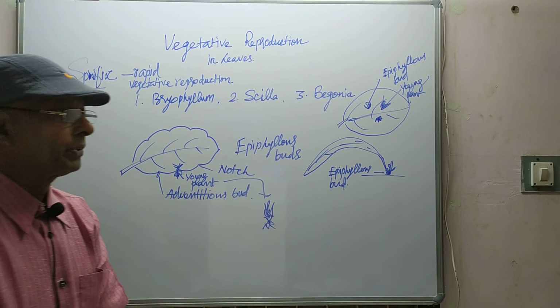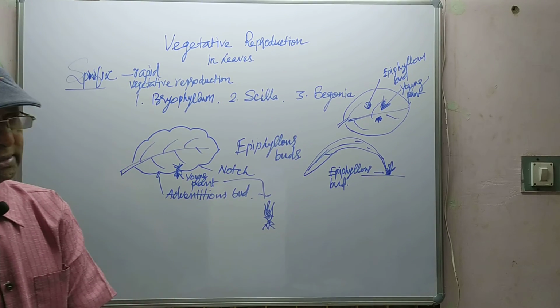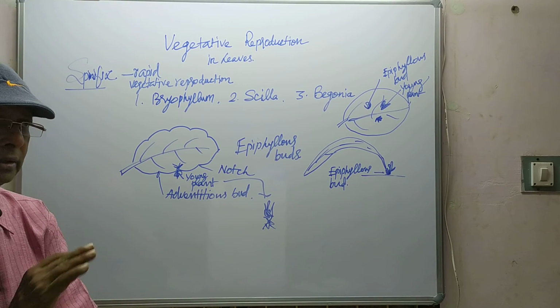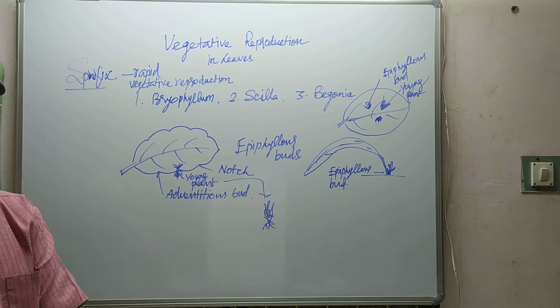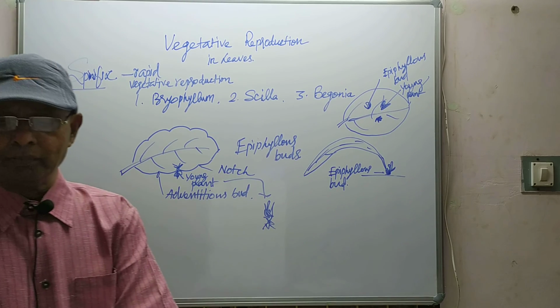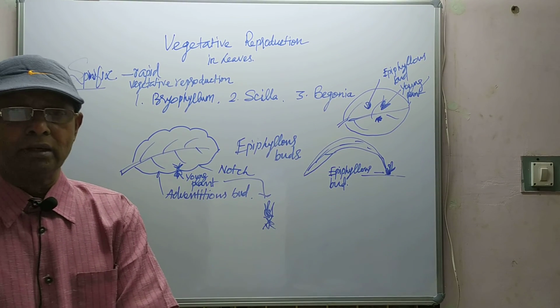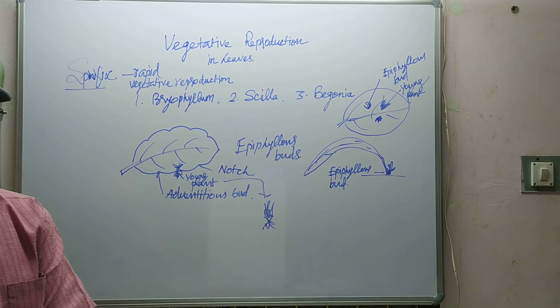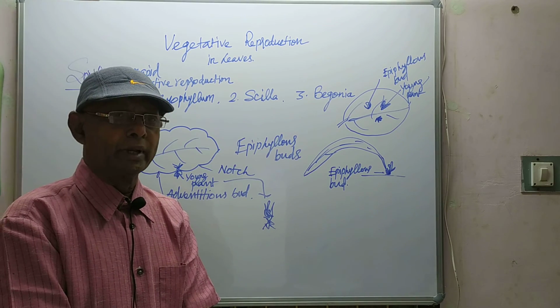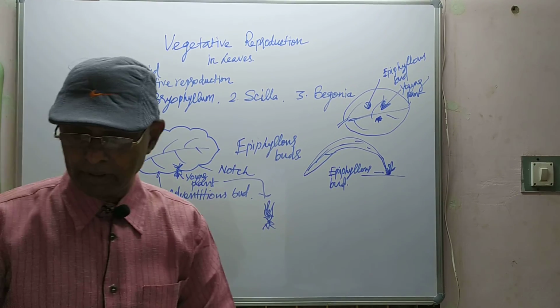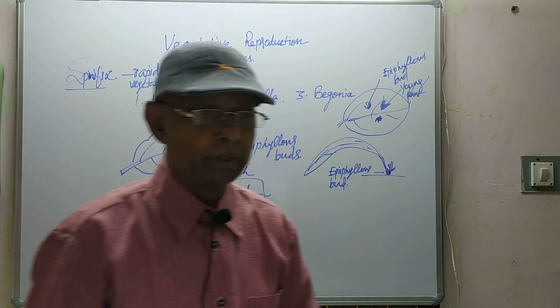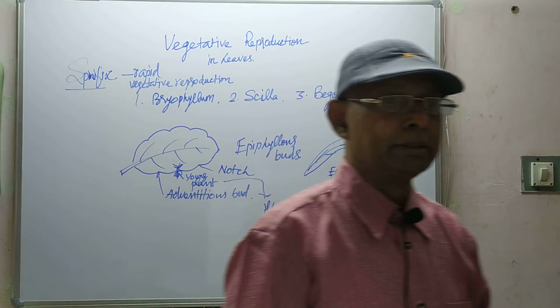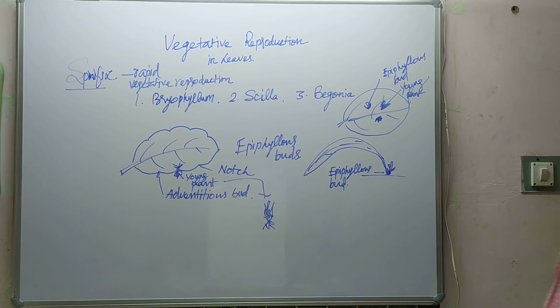In vegetatively propagated plants, no genetic variation can be seen. All the plants will be genetically uniform. That is the only disadvantage in vegetatively propagated plants. These are all the advantages and disadvantages of vegetative reproduction.